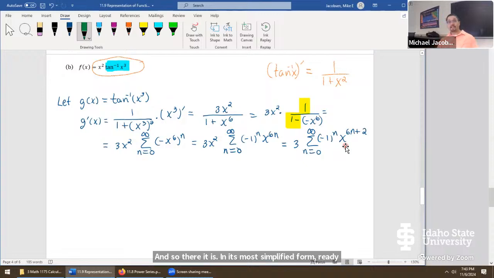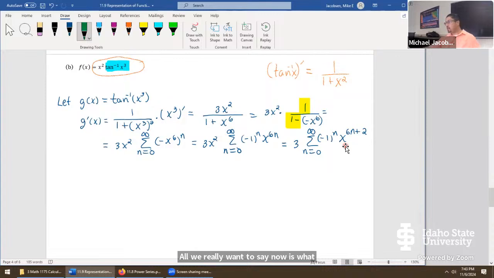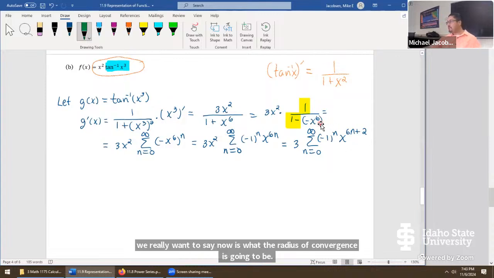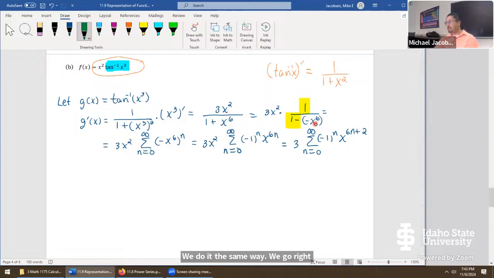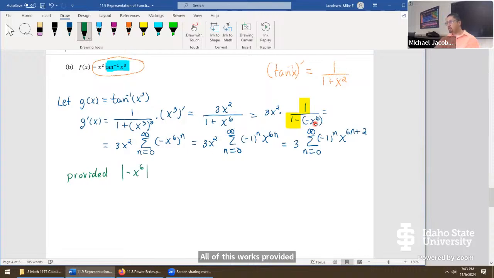All we really want to say now is what the radius of convergence is going to be. We do it the same way. We go right here where the red dot is and say, all of this works provided the absolute value of negative x to the 6th power is less than 1.